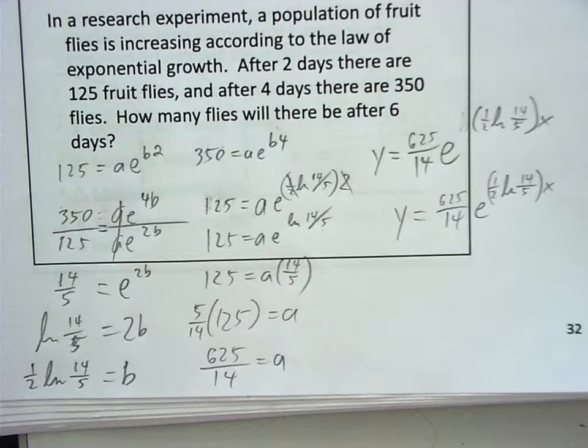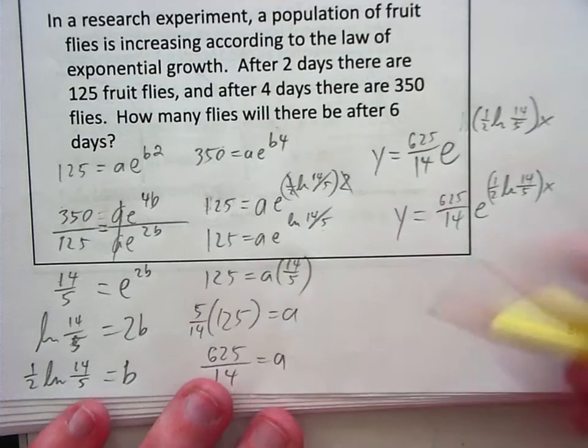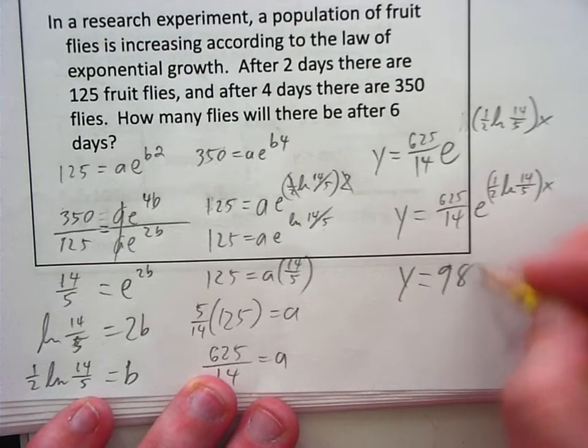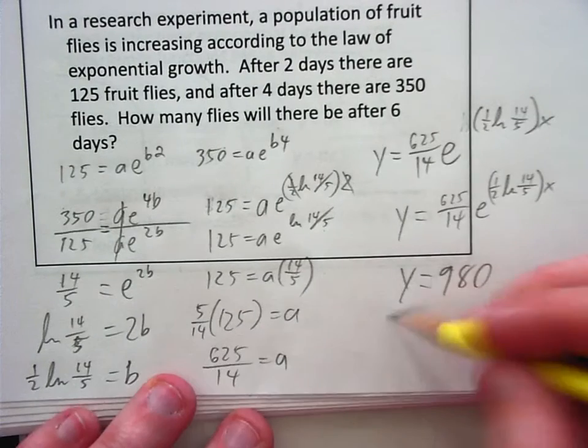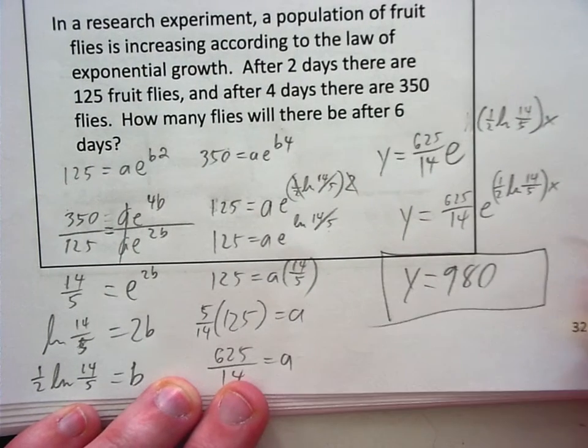Anybody? Should be a nice number. 980. Yeah, because we didn't round anywhere. There's no weird decimals going on. It's just 980 flies.